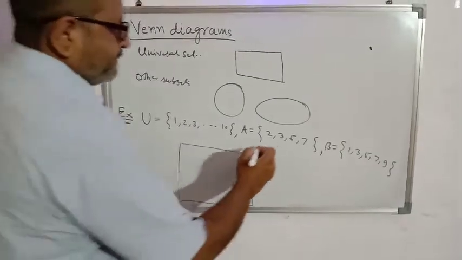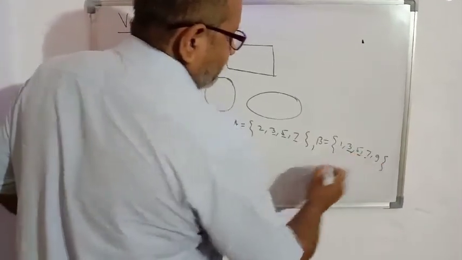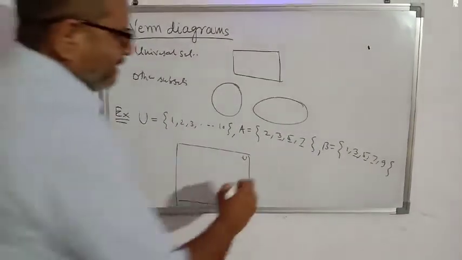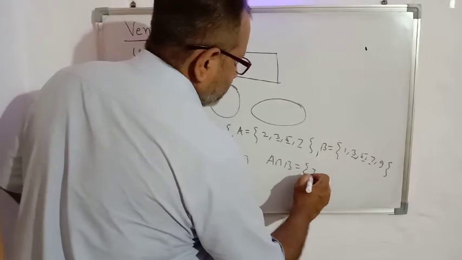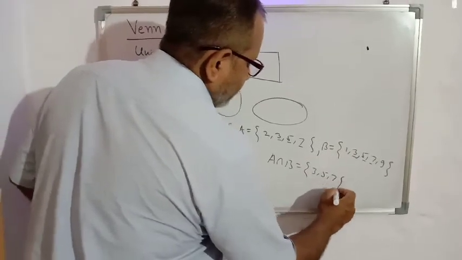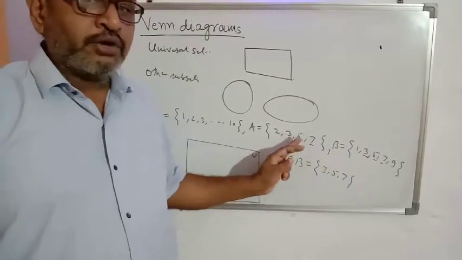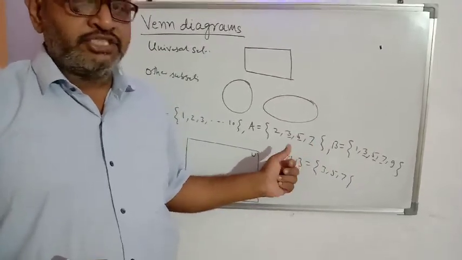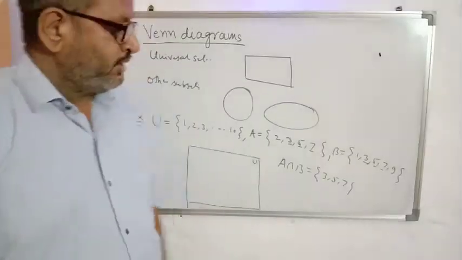We see that 3, 5, 7 are common elements. A intersection B is 3, 5, 7. It means sets A and B are overlapping sets. Both are not disjoint sets because we are getting some elements common in both.